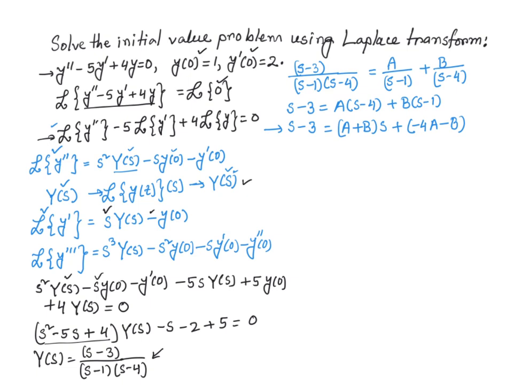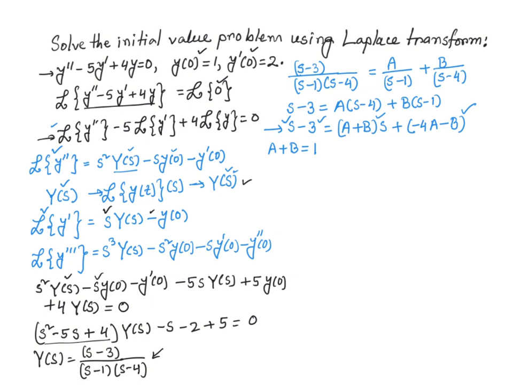The coefficient of s on the right is A plus B, and the coefficient of s on the left is 1. So that gives us A plus B must be equal to 1. Now the constant on the right is negative 4A minus B, and the constant on the left is negative 3. So it must be the case that these two are equal.